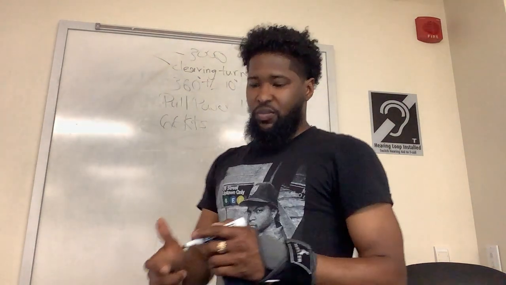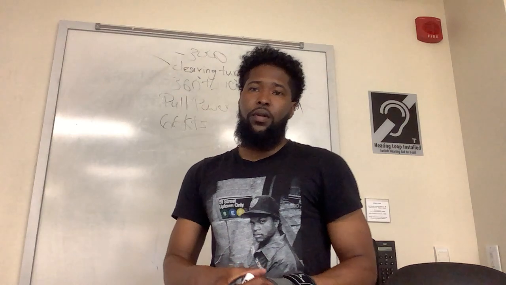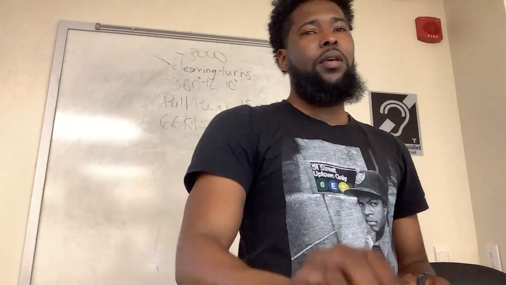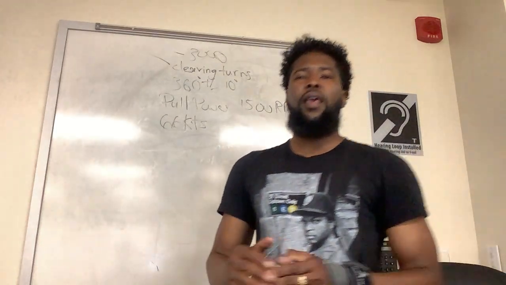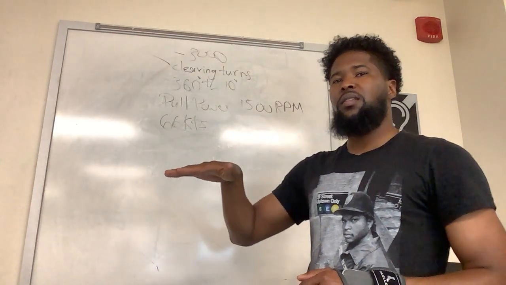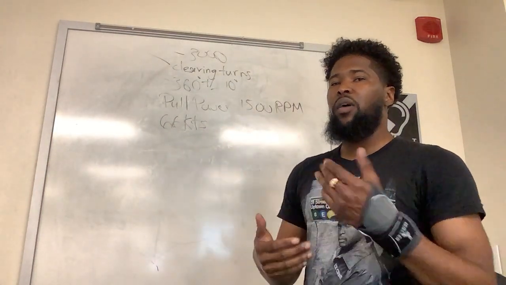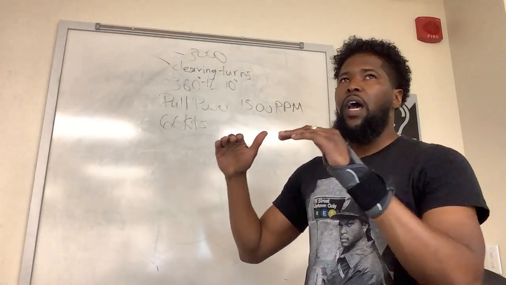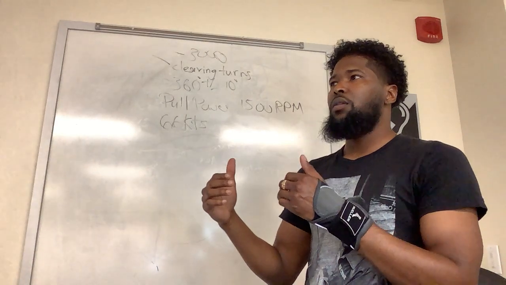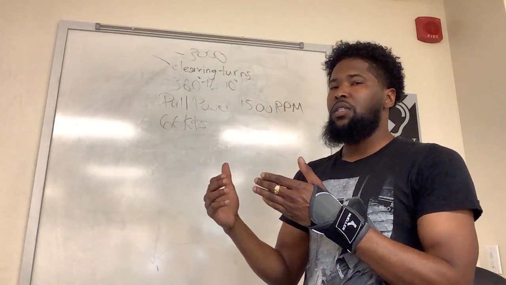You want to let your airspeed bleed off until you get to about 66 knots. And once you get down to 66 knots, the way I go about doing the power off stall is I bring the nose to the horizon and just allow the airspeed to continue to bleed off.